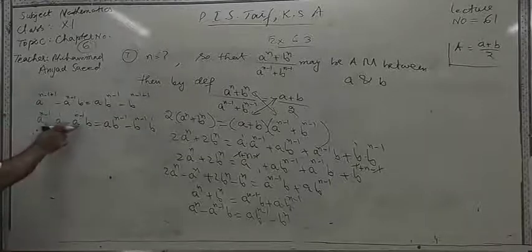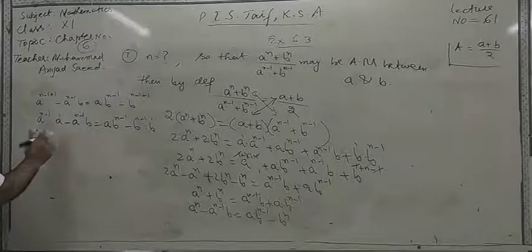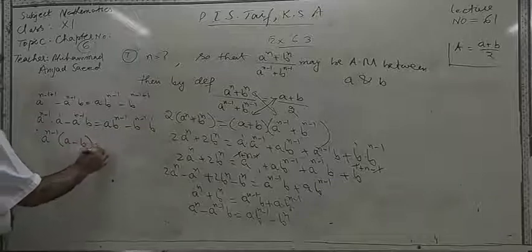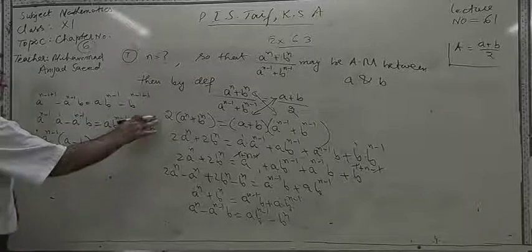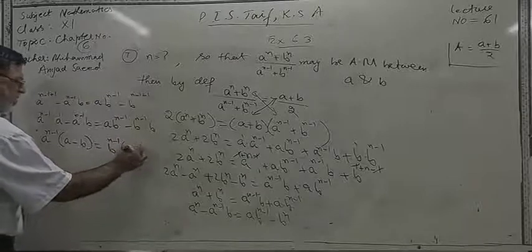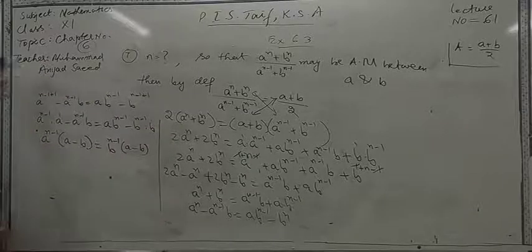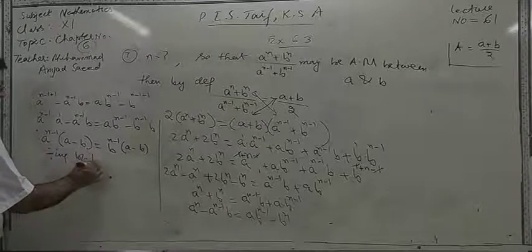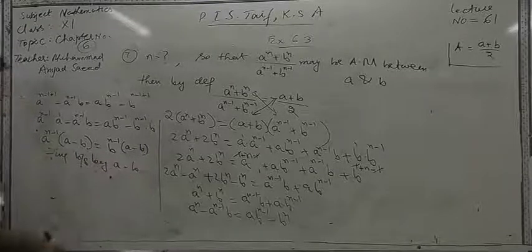Dear students, from the left hand side you can take common a^(n-1)(a minus b). On the right hand side you can take common b^(n-1)(a minus b). Dividing both sides by a minus b.